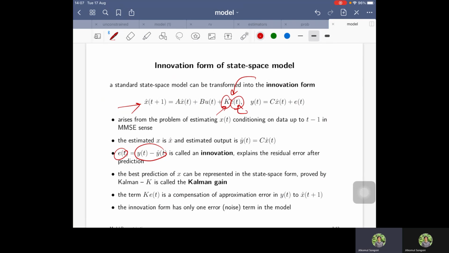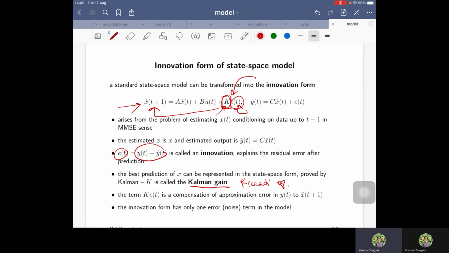Of course, if the error is big, it is amplified by the right amount of the gain K to decide what the x hat at the next step should be. Obtaining the Kalman gain K is not trivial. That's another story. The Kalman gain is solved from the so-called Riccati equation, but we would like to omit the detail here.